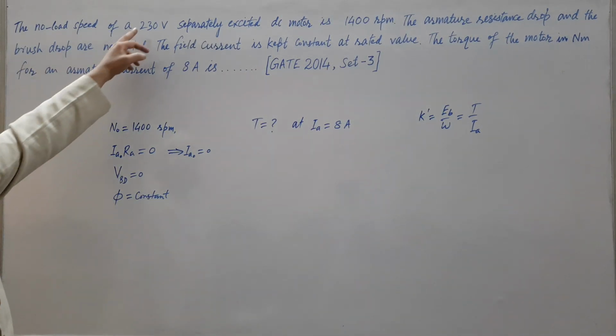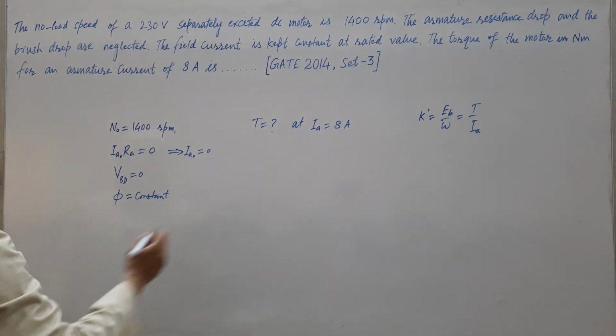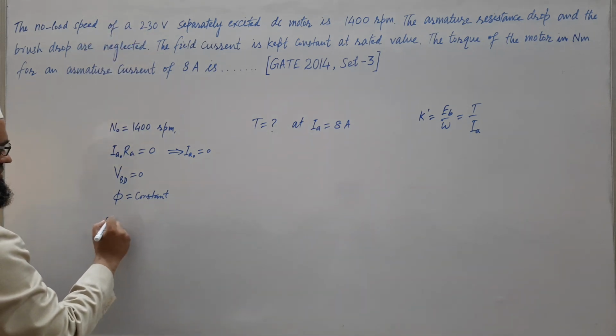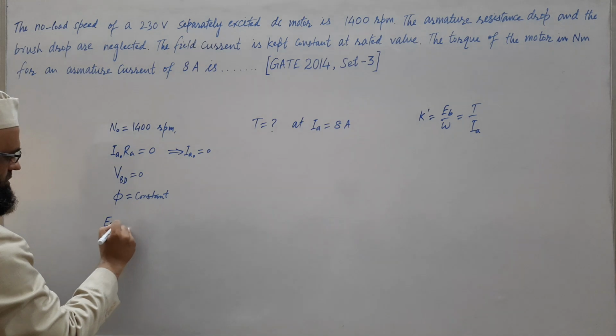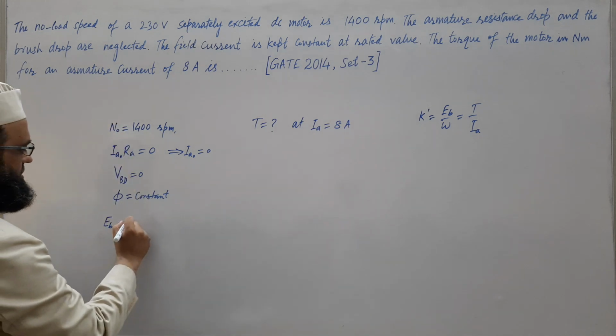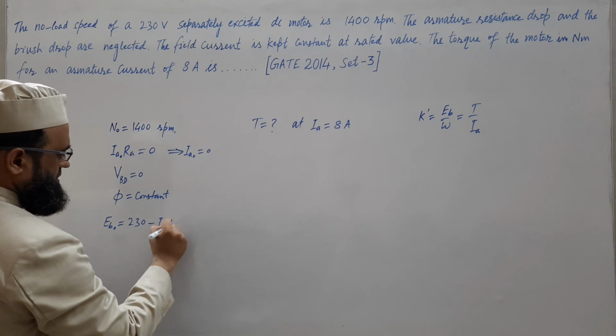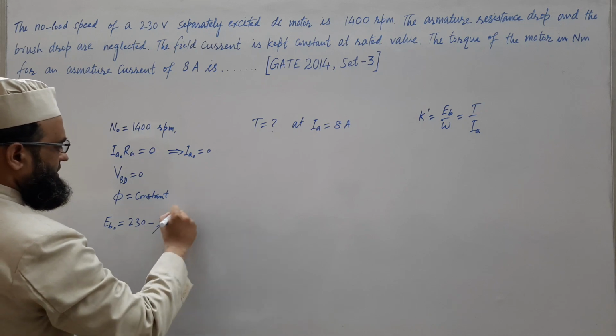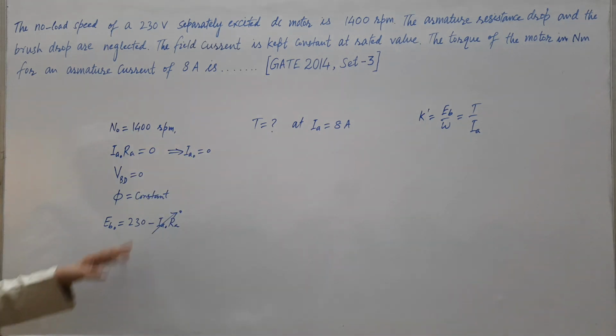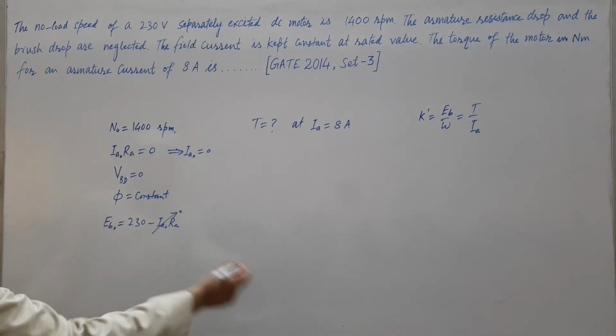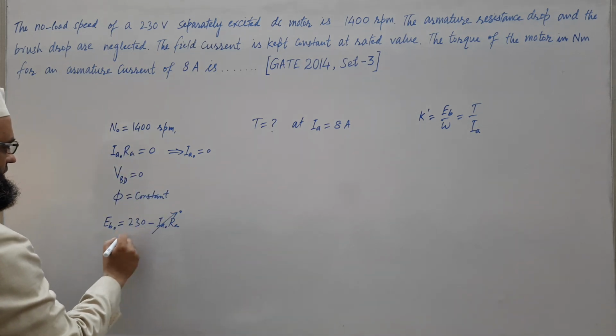EB0 will be equal to terminal voltage 230 minus IA0 RA. This has been ignored in the problem at no load, so this comes out to be 230, right?